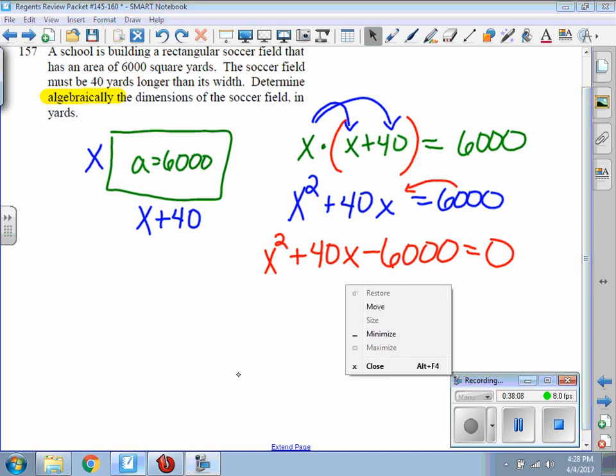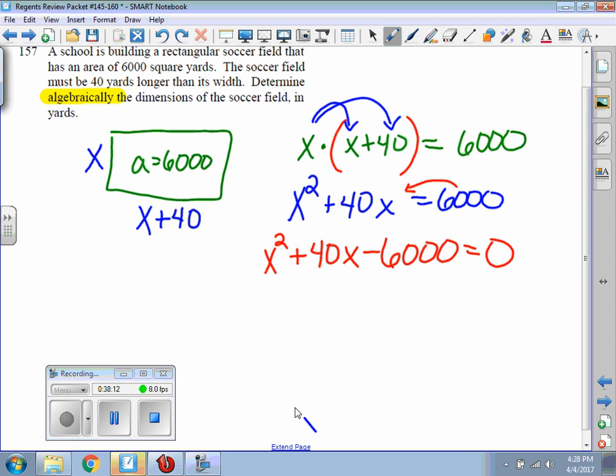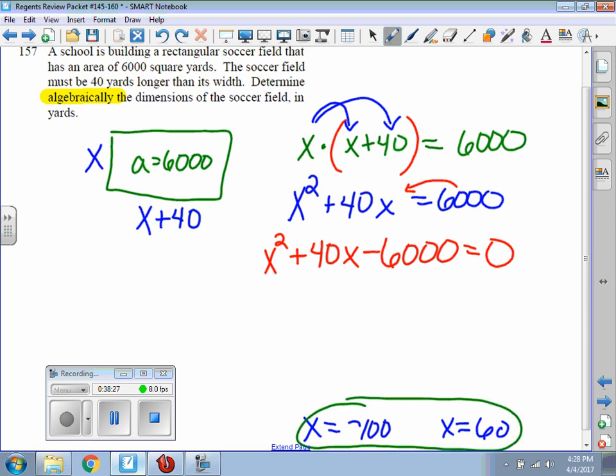The calculator will tell you that your zeros are X equals negative 100 and X equals 60. So knowing that, we can work up to figure out what our factored form is. If my zero is negative 100, my binomial was X plus 100 equals 0.